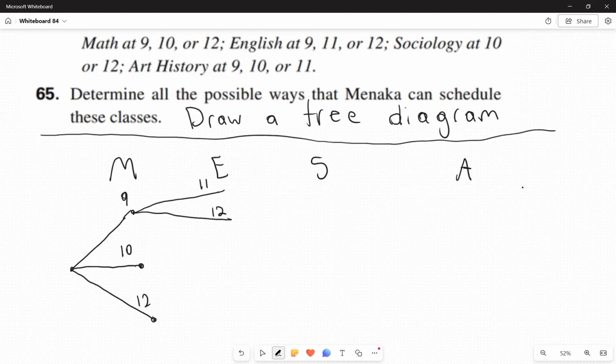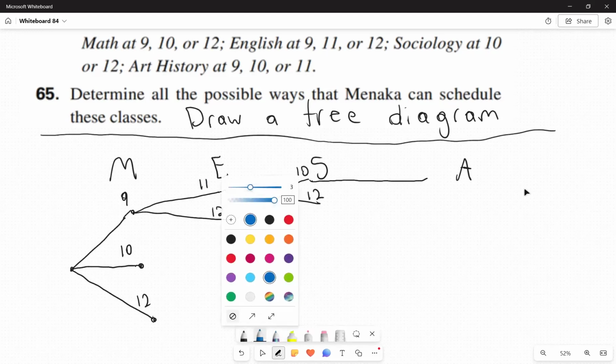So if she takes math at 9 and English at 11, she can take sociology at 10 or 12. So if she takes math at 9, English at 11, and sociology at 10, she can no longer take art history. So we are going to cross that. So there's no way for her to take art history.